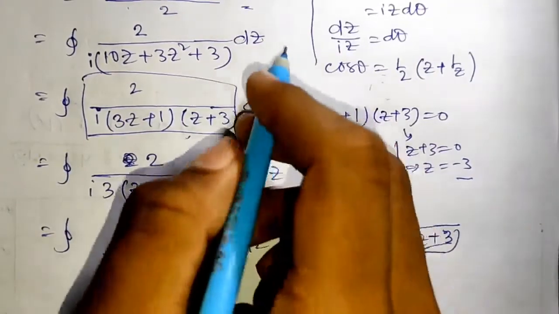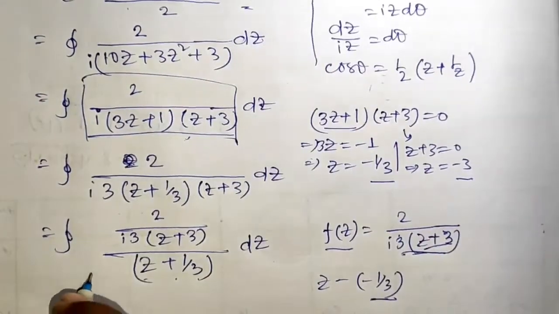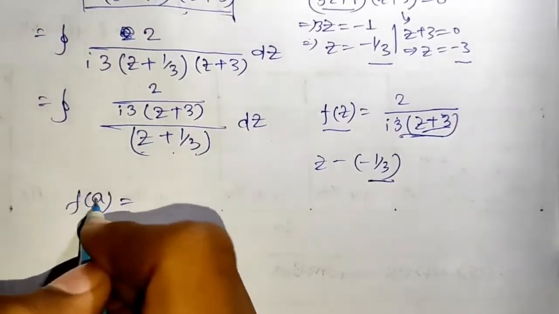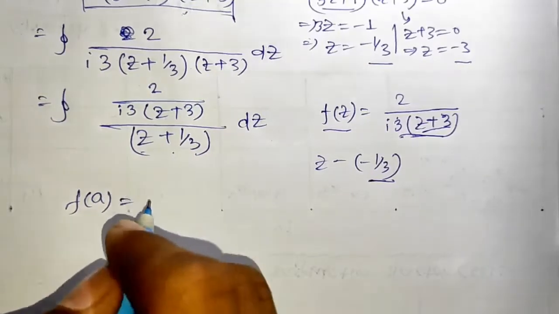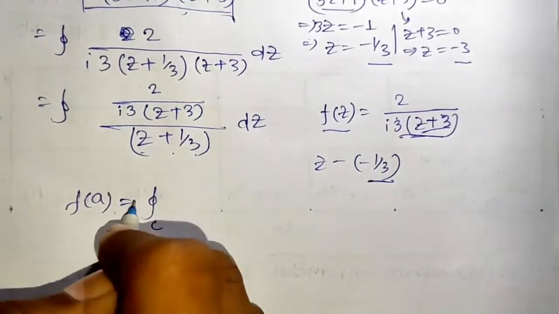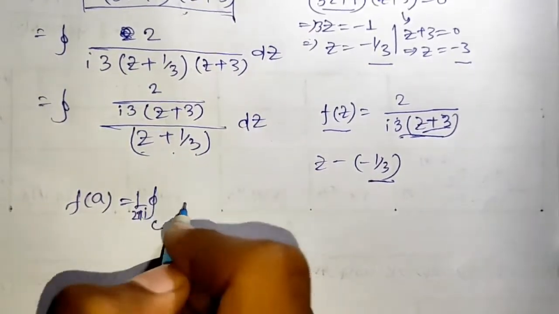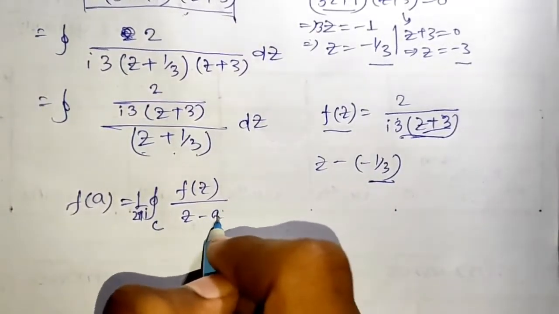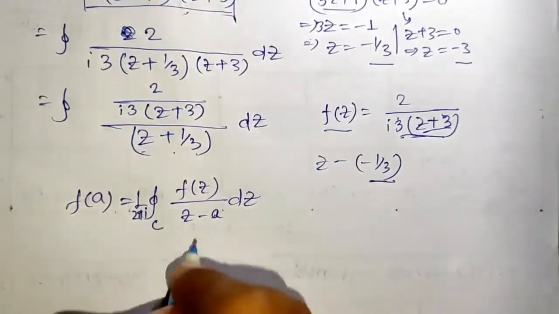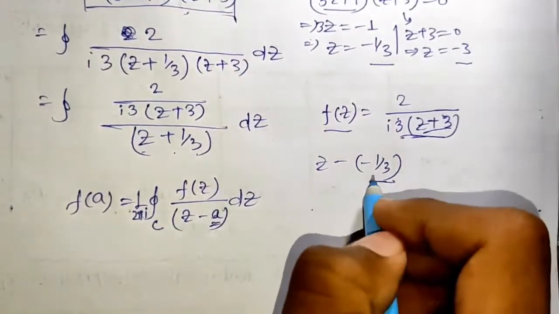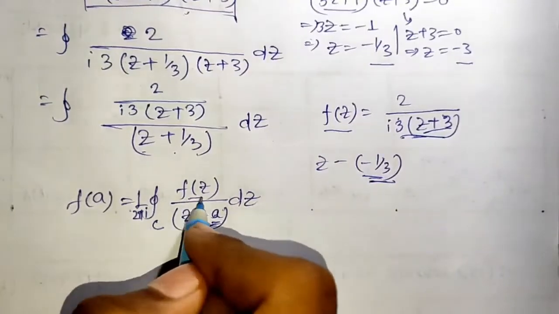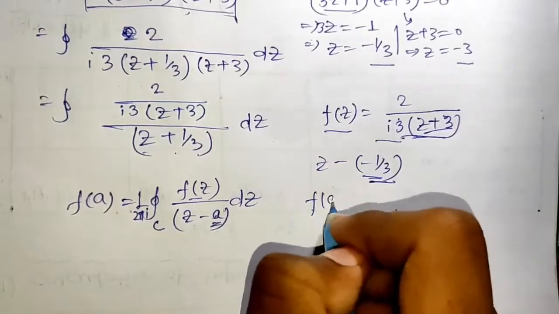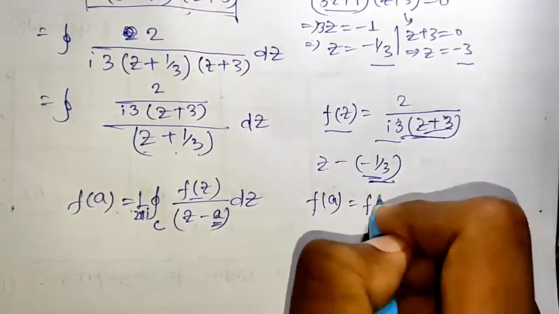Now, as we know in Cauchy's integral theorem, f(a), where a is any point inside this circle C, is 1 upon 2πi, integral of f(z) by (z minus a) dz. So here a is minus 1 by 3 and f(z) is this. So we have to find f(a), that is f of minus 1 by 3.